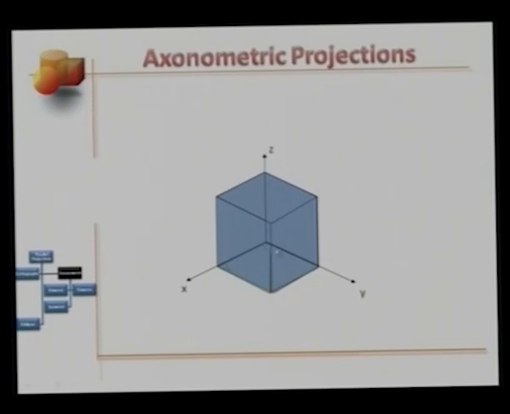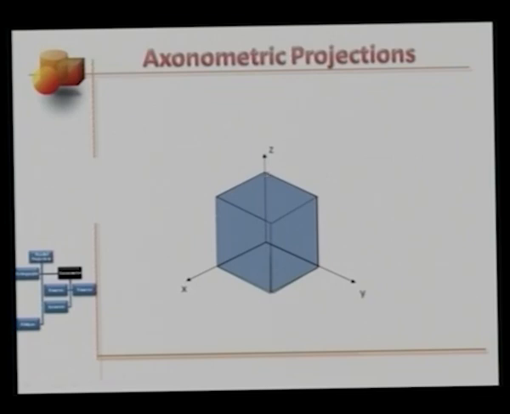All lengths are equal to 1. In a sense, this is a unit cube, and so the coordinates of this point will be 1, 0, 0. The coordinates of this point will be 0, 1, 0. And for this one here will be 0, 0, 1.